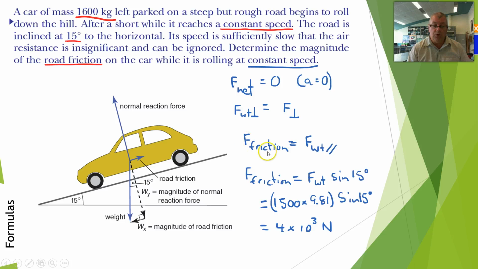Your force due to friction is equal to the weight force that is parallel, or the component of the weight force that is parallel to the ramp, which is that one there. Okay, and so F friction equals F weight sine 15. So they're working out this one here, and you put the numbers in, and you get 4,000 newtons. All right.